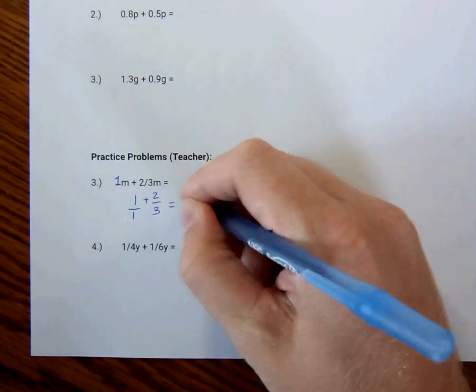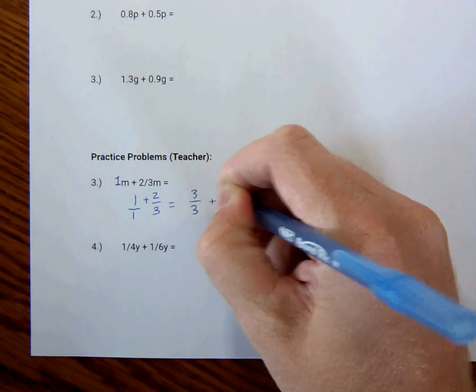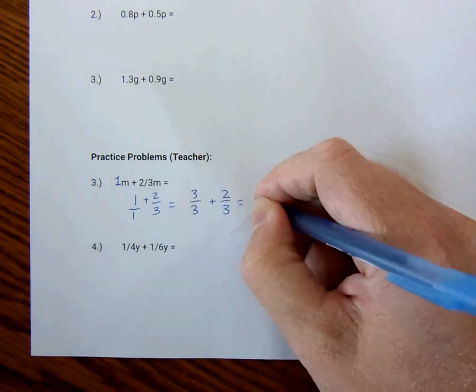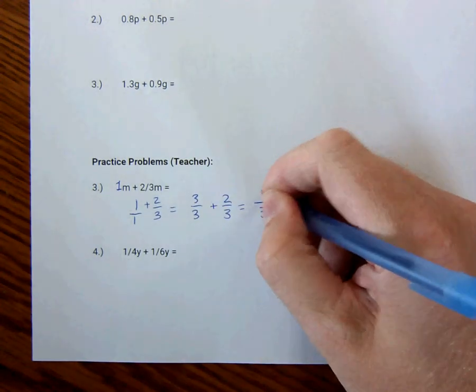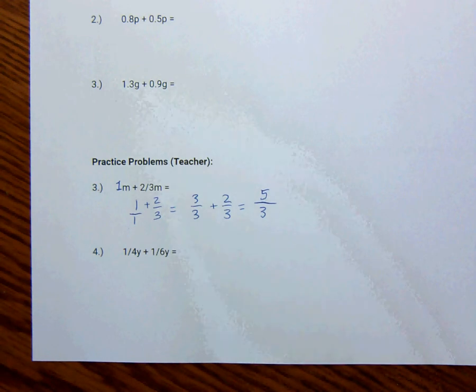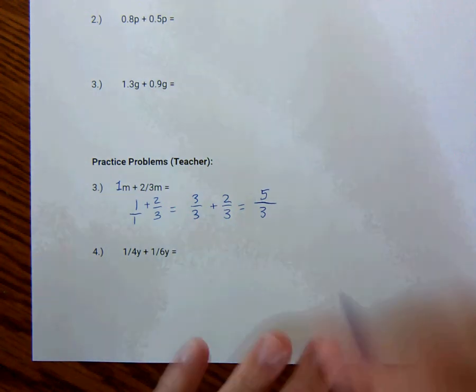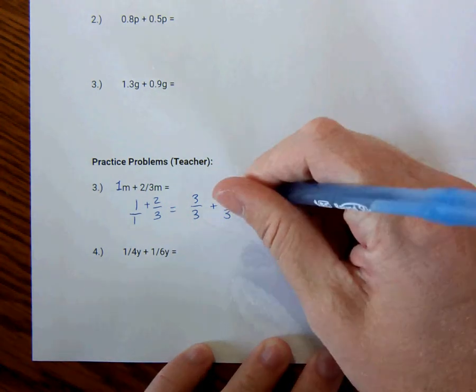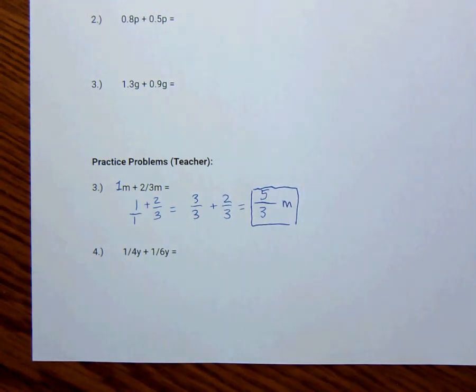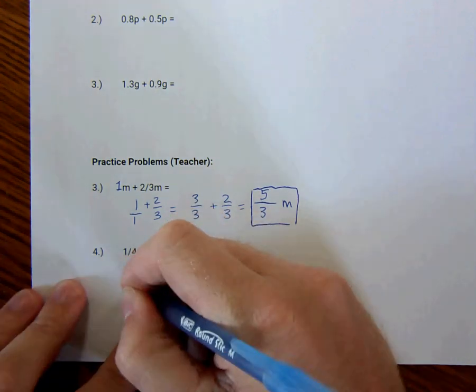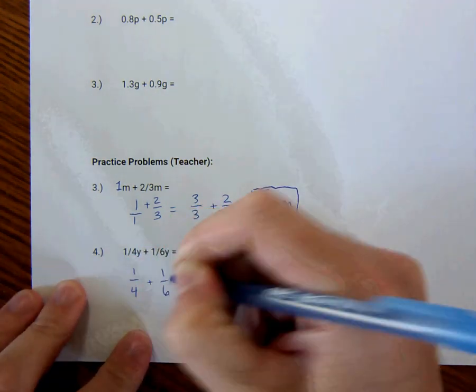So this is like 3 over 3 plus 2 over 3. 3 stays on the bottom. 3 plus 2 is 5. And remember, I'm fine with improper fractions. In fact, I think they make a lot more sense, especially when we're working with these variables. So if you said 5/3 m, I understand and like that answer.